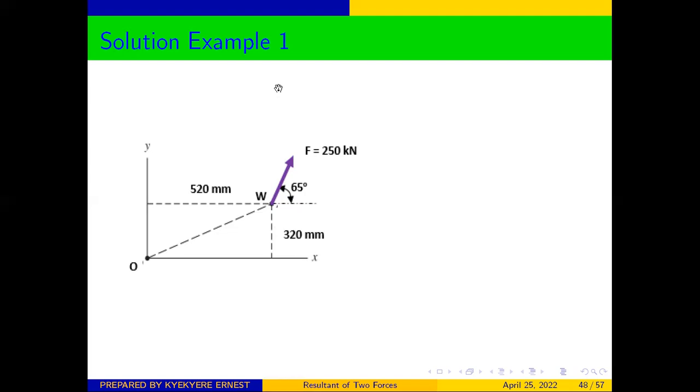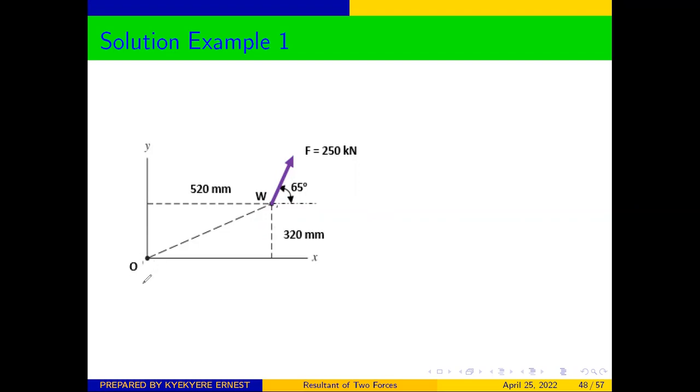So we have been asked to determine the moment about O of the force acting at W using both scalar and vector approach.